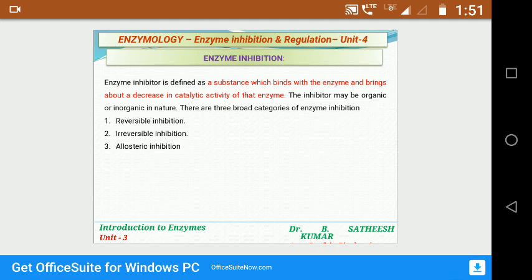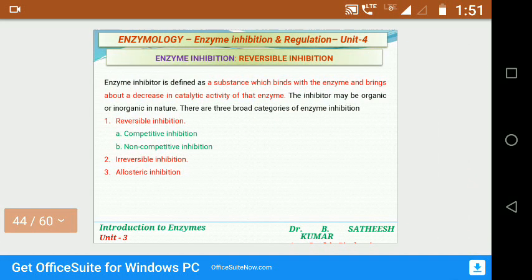And in the topic of enzyme inhibition, we have three different categories: reversible, irreversible, and allosteric inhibition. So far we have discussed reversible inhibition, which has two subcategories: competitive and non-competitive inhibition. In reversible inhibition, the interaction between inhibitor and enzyme is by non-covalent interaction, therefore it is reversible.